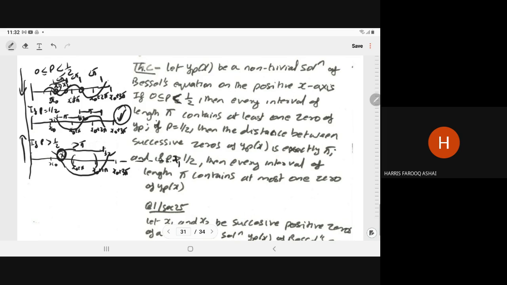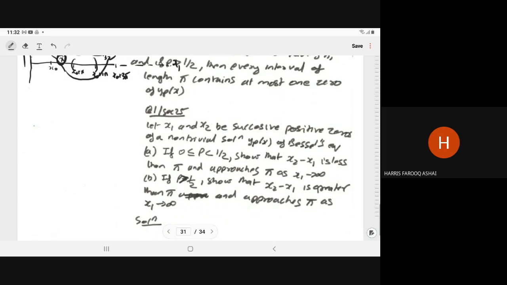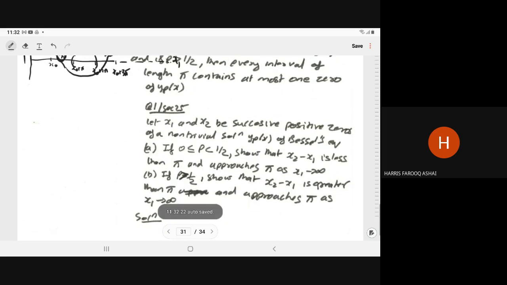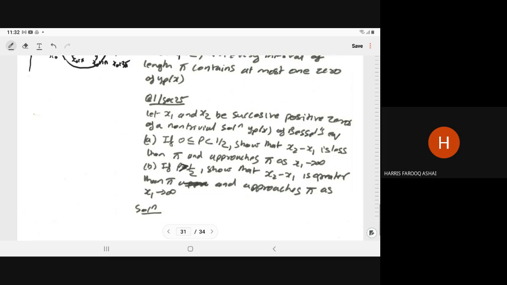Okay. So what's the statement in the question? Can you scroll down? So that x2 minus x1 is less than pi and approaches pi as x1 tends to infinity.